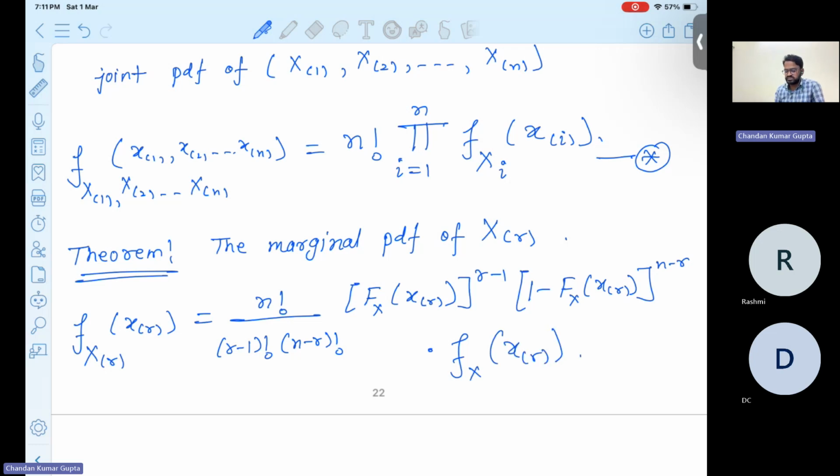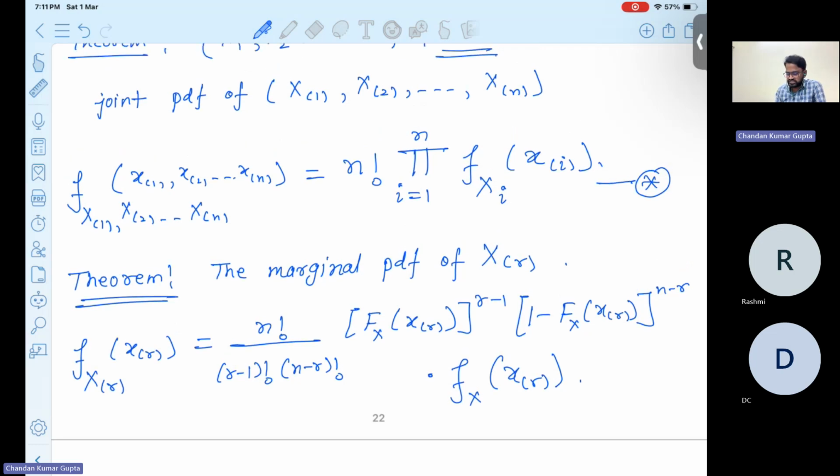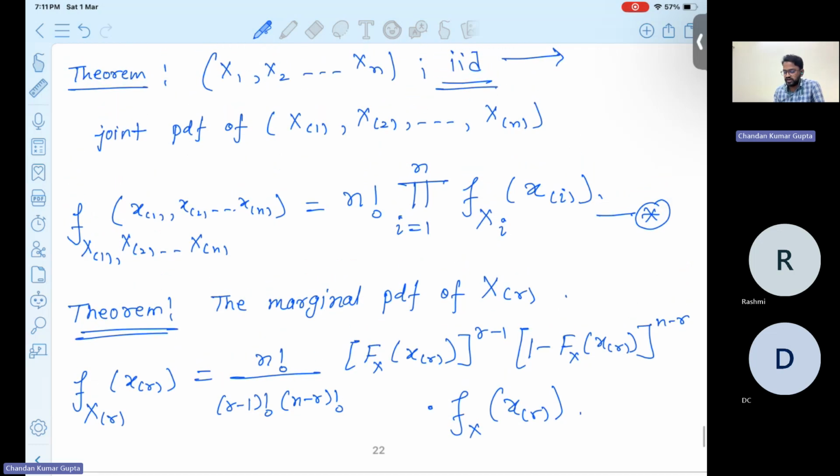So this is how we calculate the marginal PDF of the rth order statistic, and the joint PDF of the order statistics by using the second star, double star and single star expressions. Directly, this formula can be used to calculate the rth order statistic or the joint distribution of order statistics.